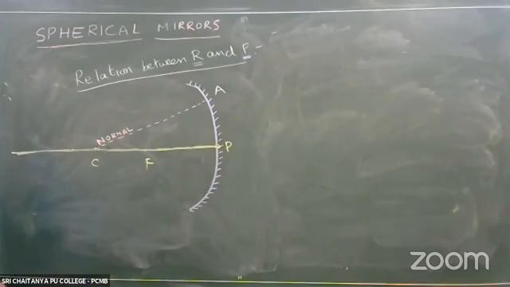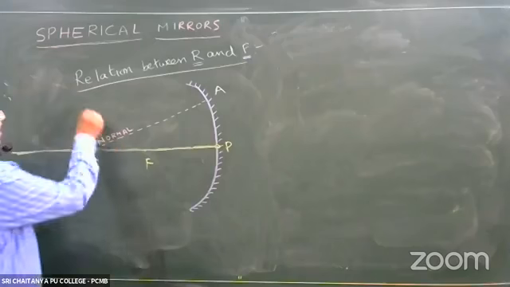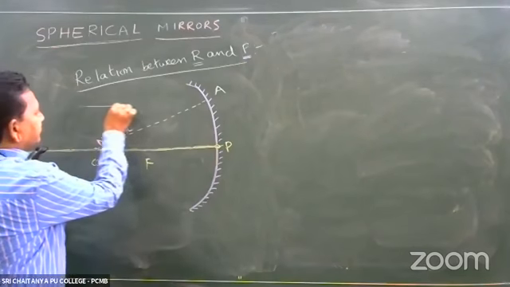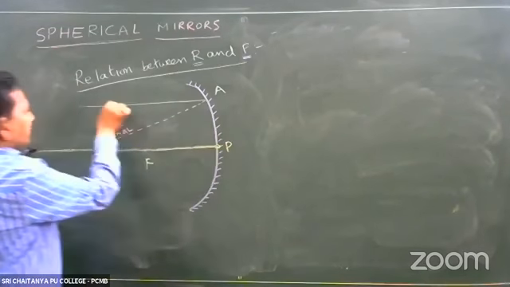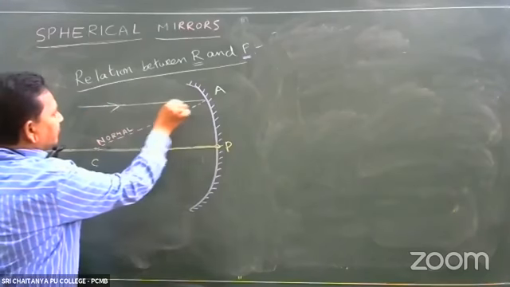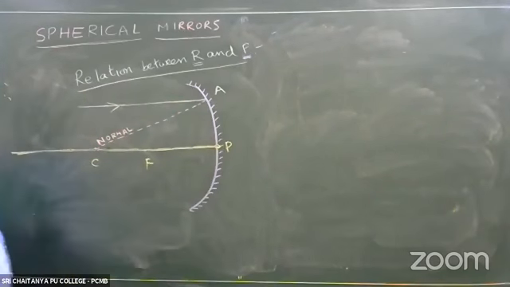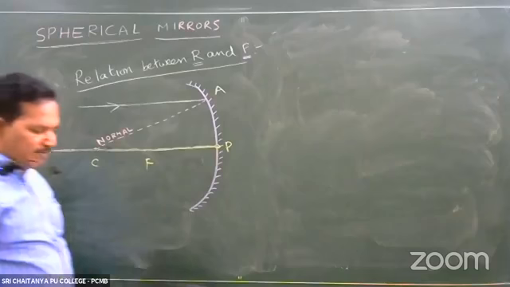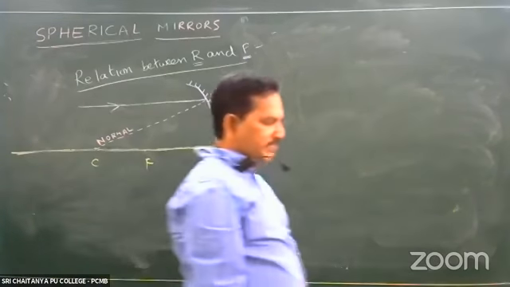Then take the incident ray, a paraxial ray, parallel to the principal axis. Now go to the first rule for image formation, already discussed.